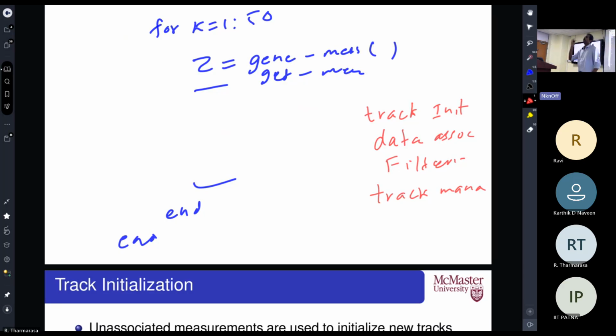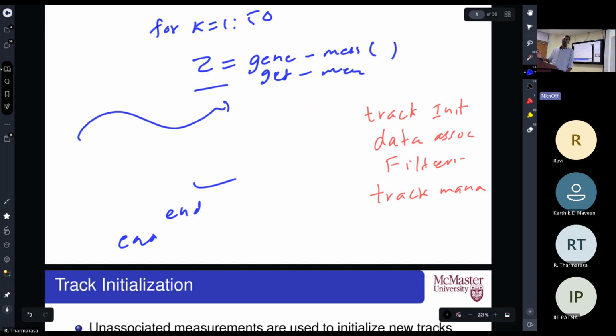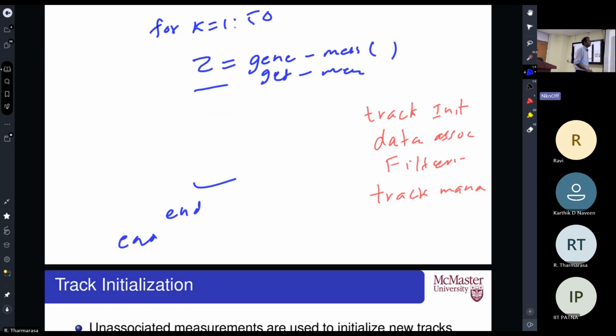At this point, I believe you understand each module, right? Can someone explain what we mean by track initialization? That means how to initialize a track, right? Because we are going to have tracks, tracks are going like this, how to initialize the track. And the other one is the data association.